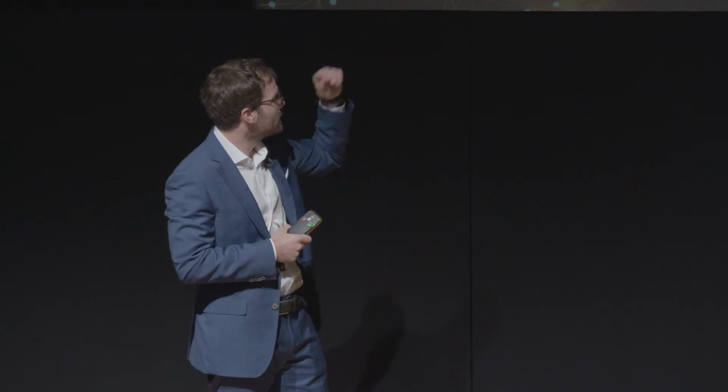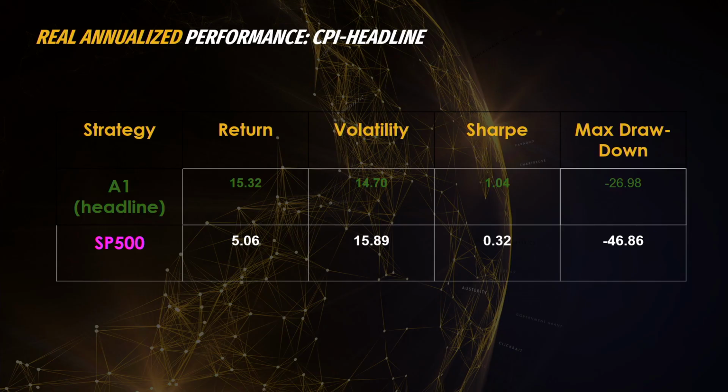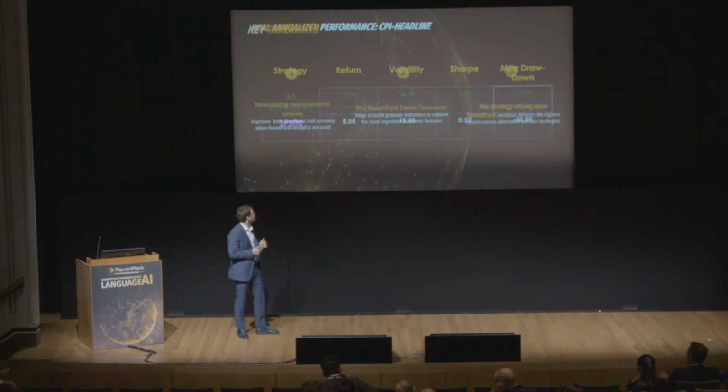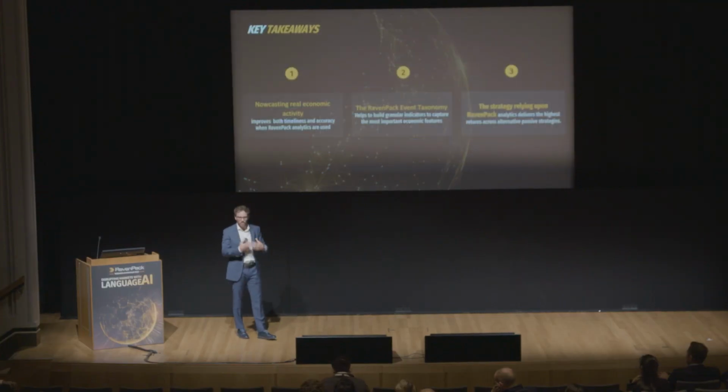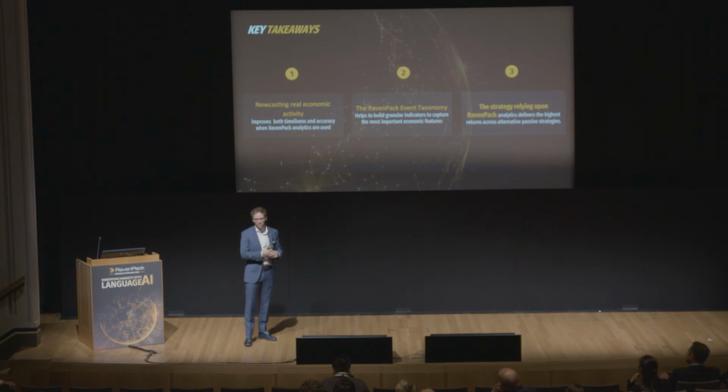This is basically because of a drawdown of minus 26 with a volatility lower than the one of the Standard & Poor's 500, and this is due to the fact that CPI headline is a little bit more sticky and has a little bit more trends, short trends, with respect to the CPI core, which is sometimes very volatile, and especially in 2008, 2009, it hasn't been affected too much because the shock there was due to the oil prices, basically.